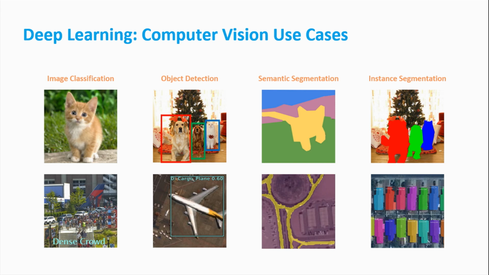Semantic segmentation is where we assign a label to each pixel. So the yellow pixels in the example above belong to the cat class, and this could be used for land cover classification in GIS, or in this example to find which pixels belong to road, and then use that to build road networks. And you can think of instance segmentation as a more precise object detection, in which the precise boundaries of those objects are there.